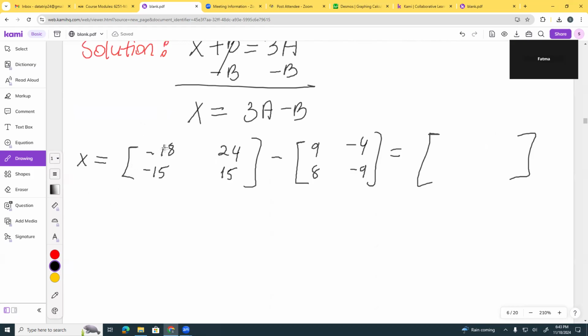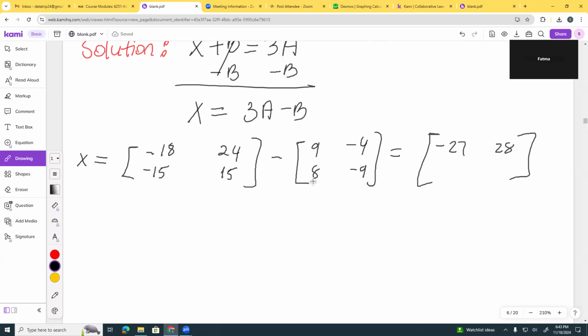All right. Negative 18 minus 9. Negative 27. 24 minus 4. Good job. 2 negatives, they will change to a plus, so it's going to be 24 plus 4, which is 28.